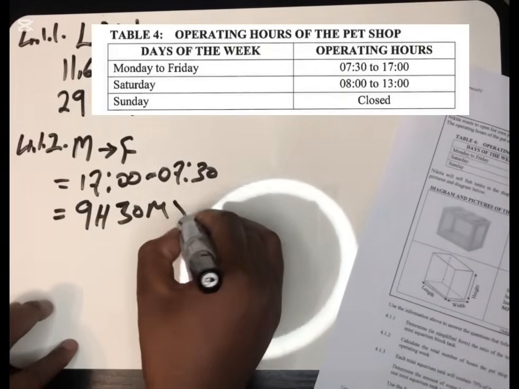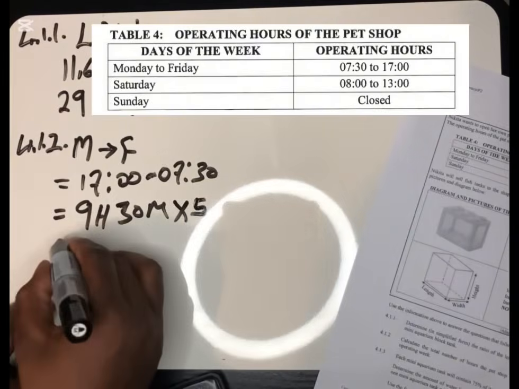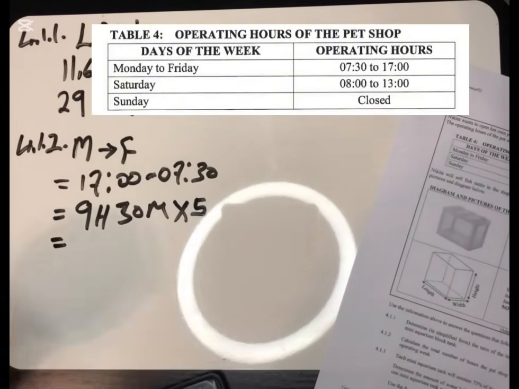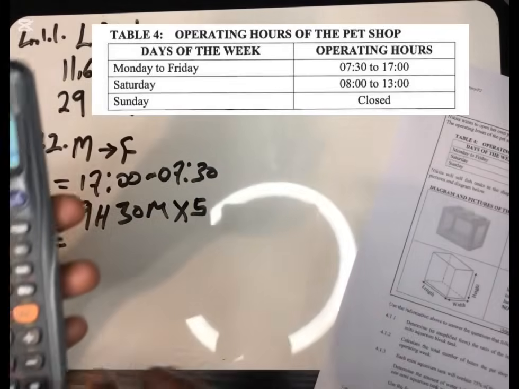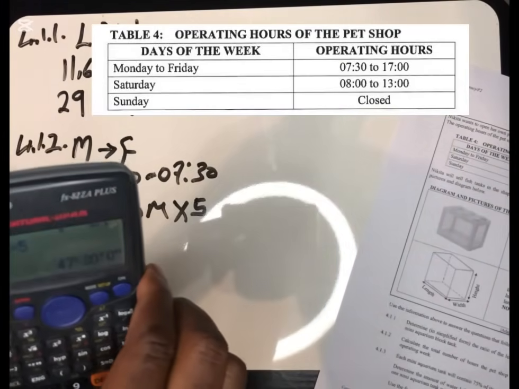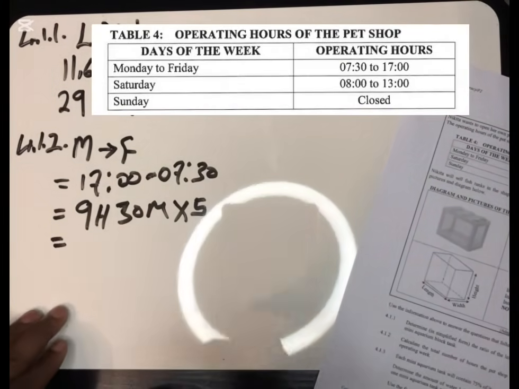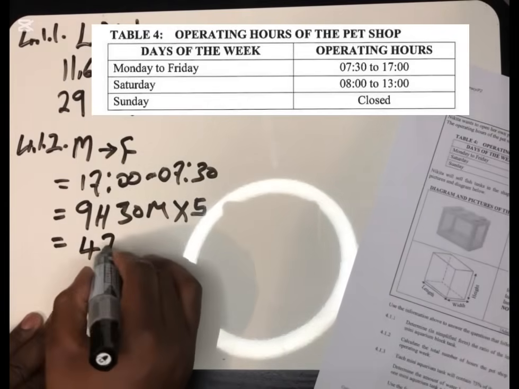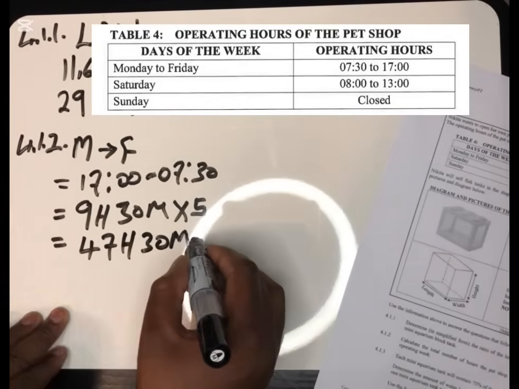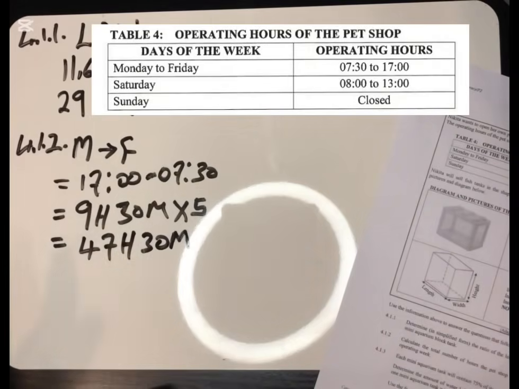So let's multiply this by 5 to find the total hours they are going to operate. We found that it's 47 hours and 30 minutes from Monday to Friday.